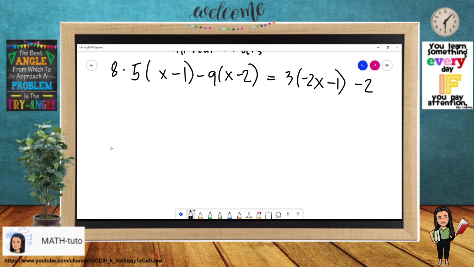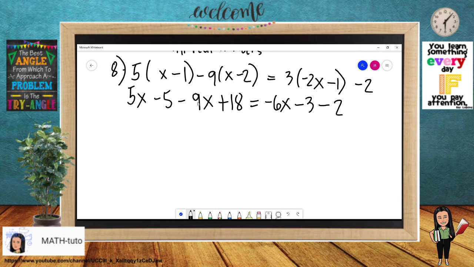Simplify both sides of the equation. So, 5x minus 5 minus 9x plus 18 is equal to negative 6x minus 3 minus 2. Simplify. We have here negative 4x plus 13 equal to negative 6x minus 5.